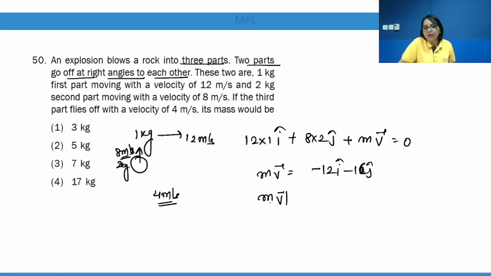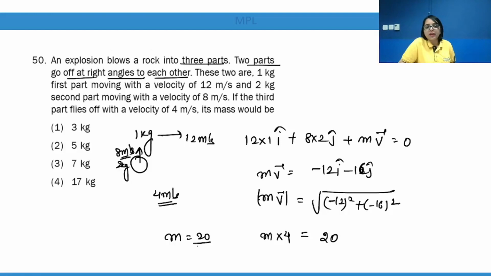So magnitude of mv vector will be square root of minus 12 whole square plus minus 16 whole square, 20, right? And this is equals to m into magnitude of v vector, which is 4. So m will be 20 by 4, that is equals to 5 kilogram. So mass of the third part will be 5 kilogram, which is option 2.